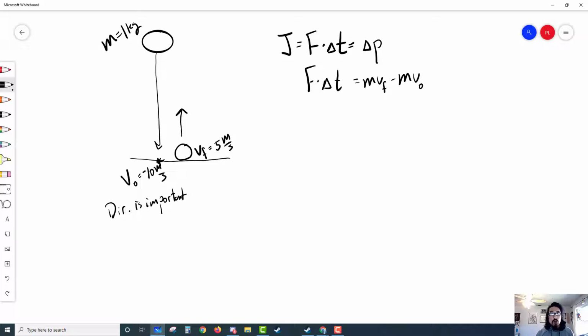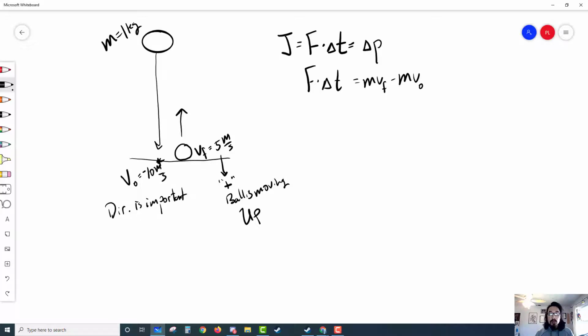Okay, so as soon as it's about to hit the floor, the velocity is negative 10 meters per second, and as soon as it leaves the floor, the ball is said to have a velocity of 5 meters per second. And once again, here, the direction is positive, and that's because the ball is moving up. And remember, direction is important here. Okay, the ball is moving up.